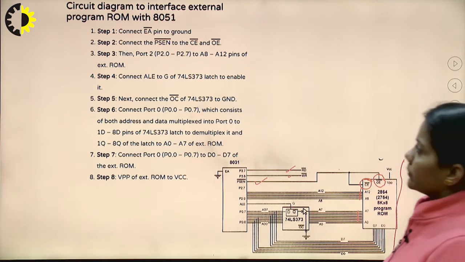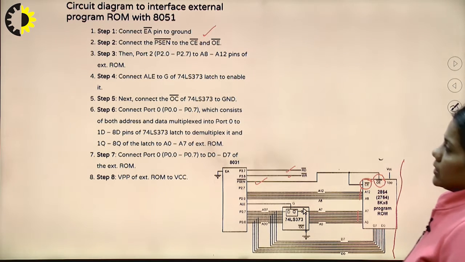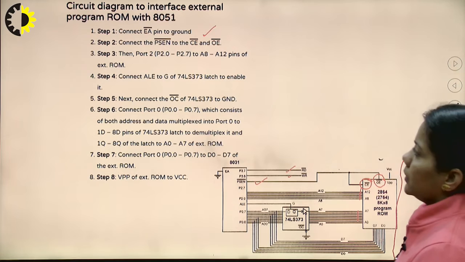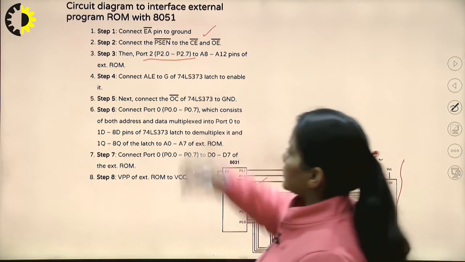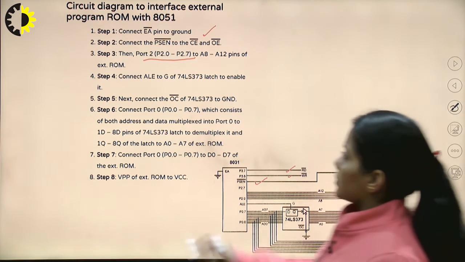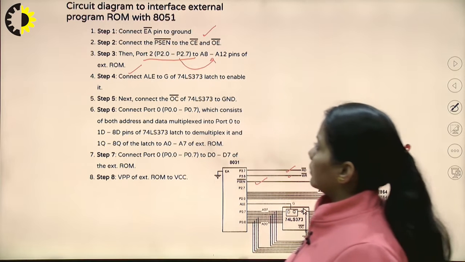In step 1, connect EA to the ground. Step 2, connect PSEN to CE or OE of the chip. Then port 2, that is P2.0 to P2.7, is connected to the A8 to A12 pins of the external ROM.